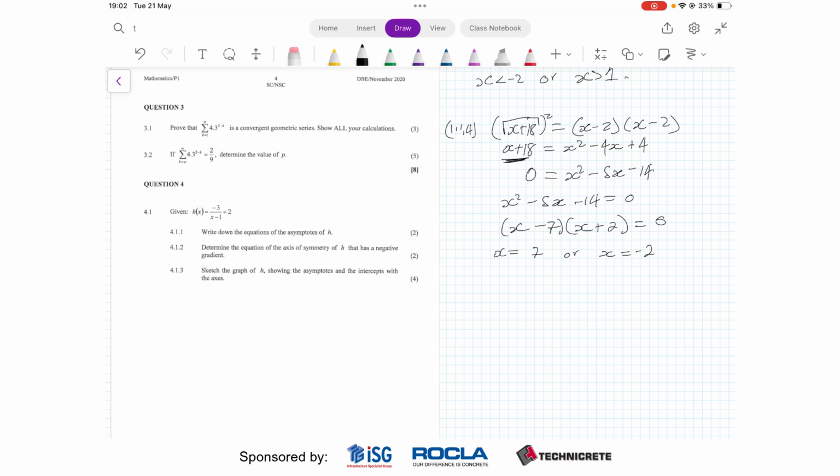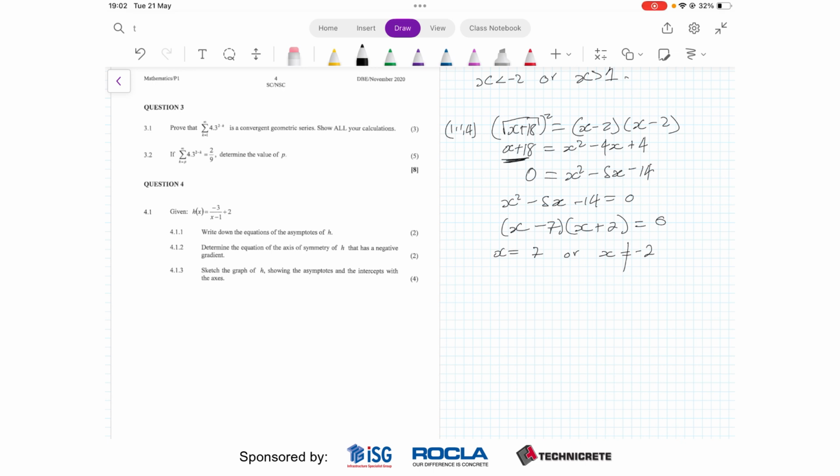Now, because this is a question that is given in surd form, one of the answers is not going to hold. So what you do is you plug in one of the solutions, or either solution, and see if what is on the left hand side is equal to what is on the right hand side. And after doing that, you have to reject one of the options, and in this case, the option that we have to reject, because it does not hold, is x equals minus 2.